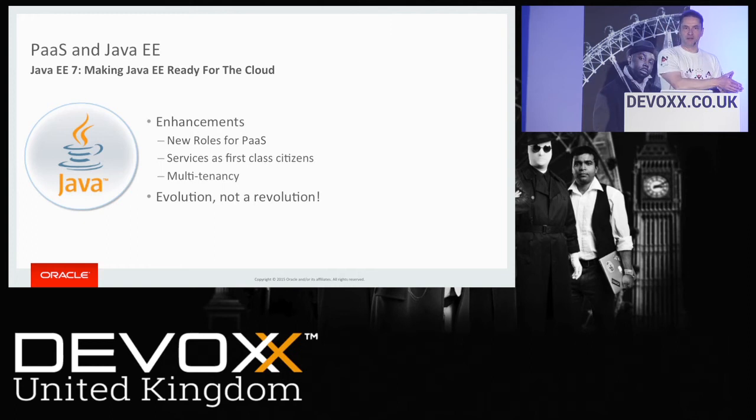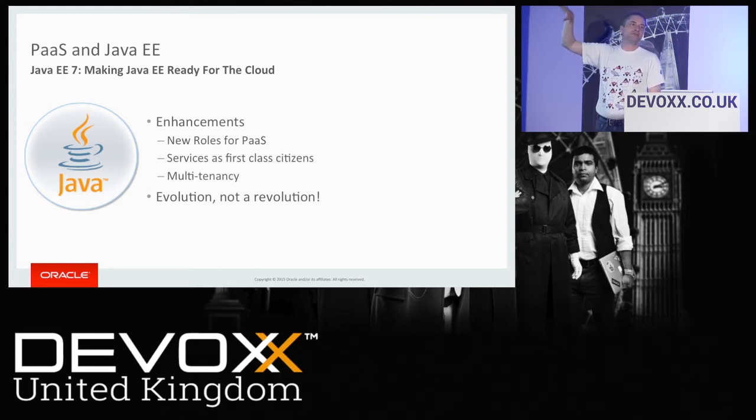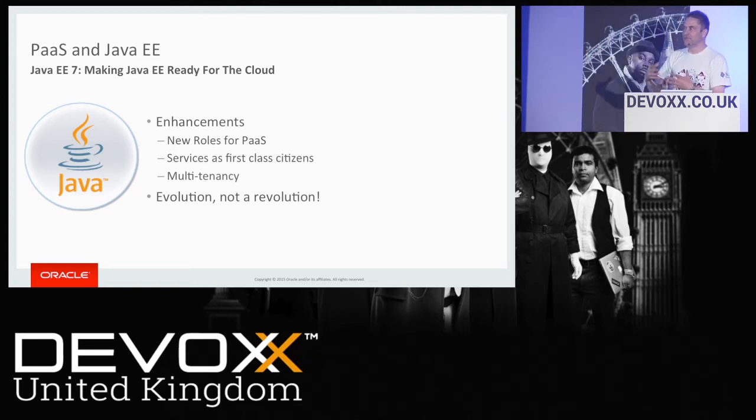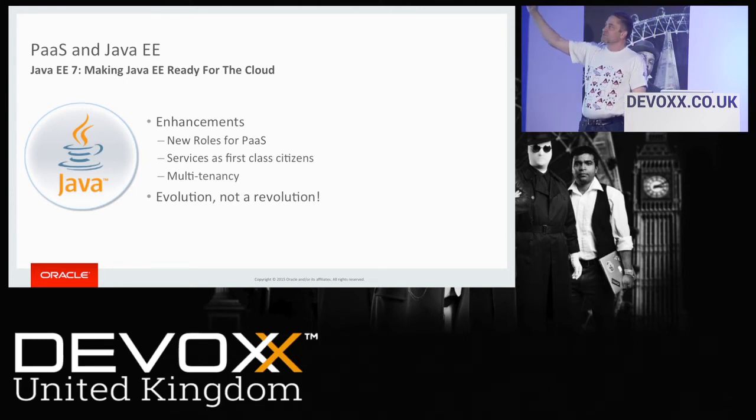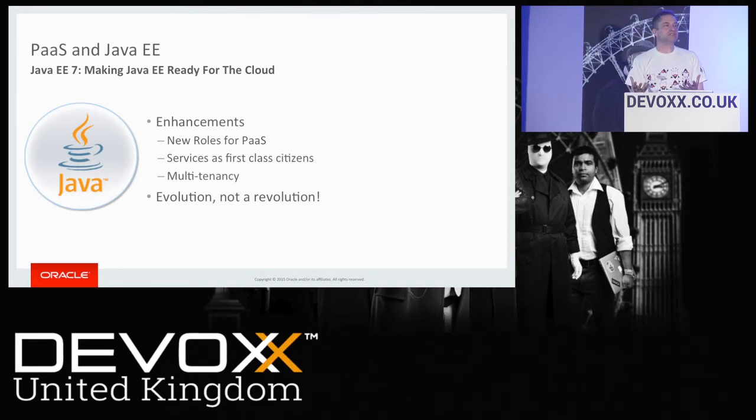So you've got somebody who develops, somebody who deploys, somebody who administers, that type of thing. What we've done is enhance that whole idea so that we can address the needs of platform as a service. We can have new roles that are identified specifically for a cloud. We can have services as first-class citizens. We can also have the idea of multi-tenancy.